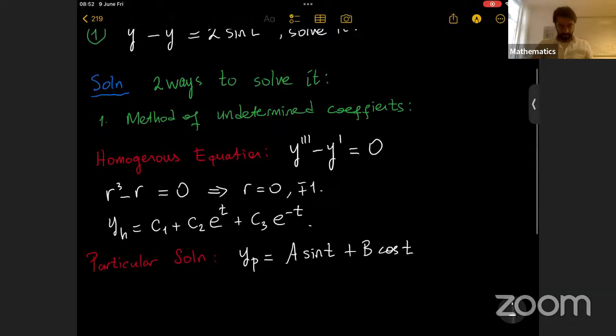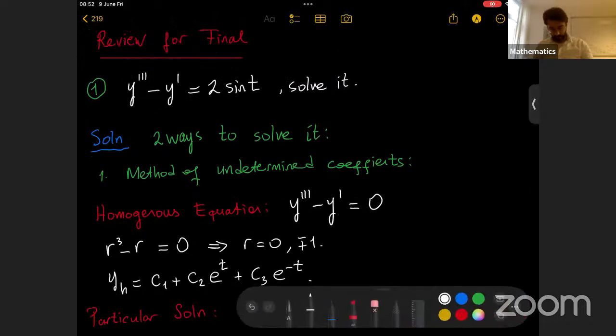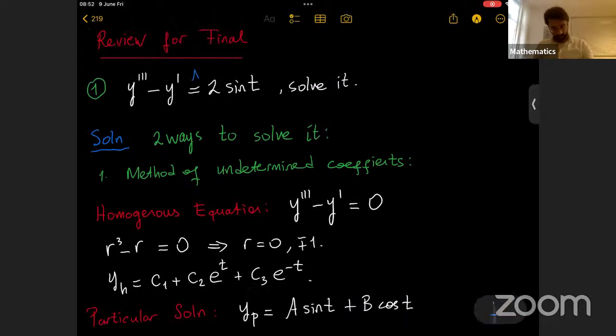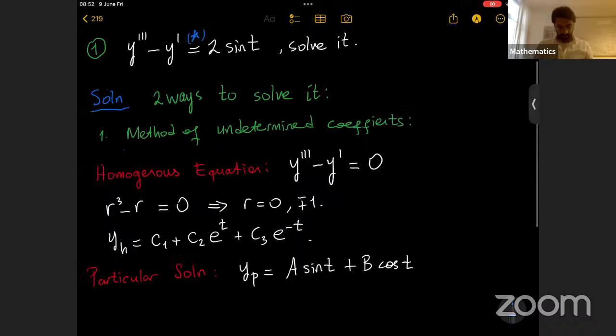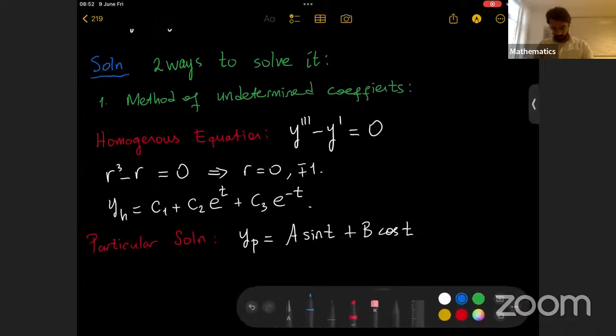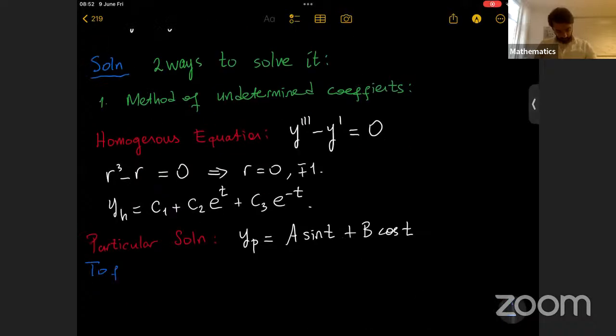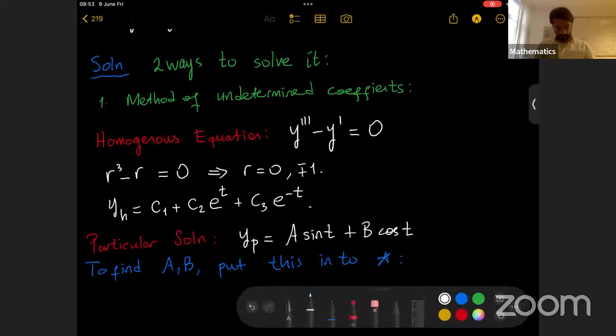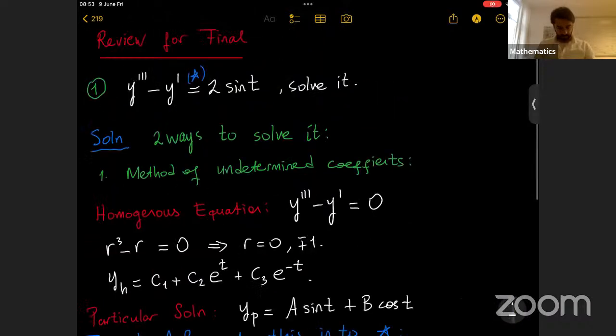Well, we put this into the equation here, this one, to find the particular solution, to find a and b. So find a, b, put this into star. Well, basically, what is the star here?